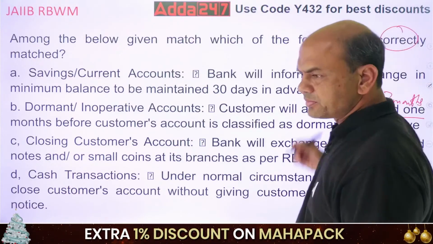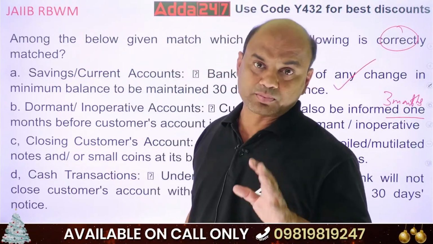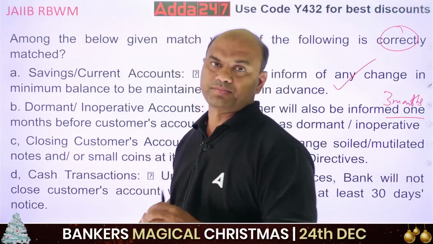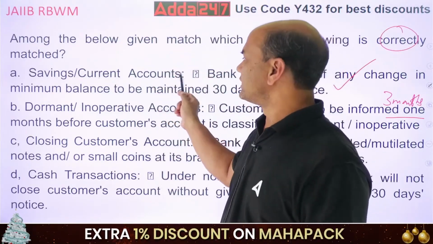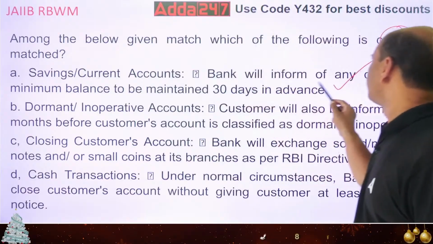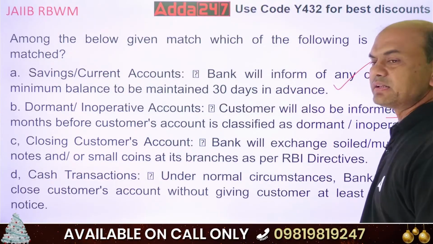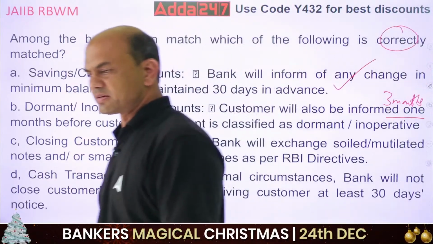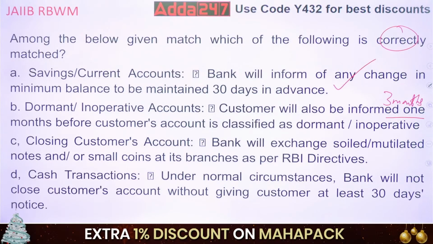You have to inform the client 3 months before making any account dormant or inoperative. So the right answer is 3 months for dormant. And the correct answer for this is A, savings current account: bank will inform any change in the minimum balance to be maintained 30 days in advance. Okay, that is the correct answer.